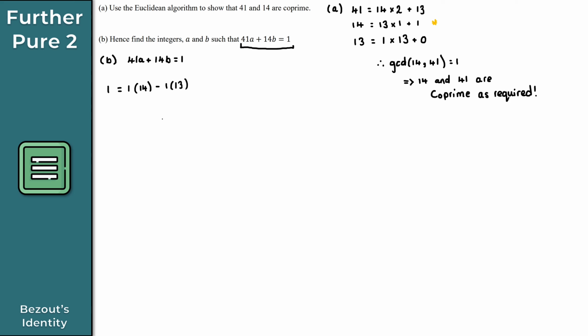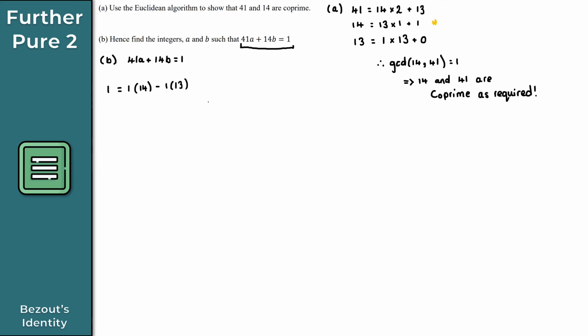Okay, perfect. And what we do now is we keep going backwards. So I now go to the next line, which is our very first line within the Euclidean algorithm. And hopefully you can see we can rearrange and make 13 the subject, and then substitute that into this line.